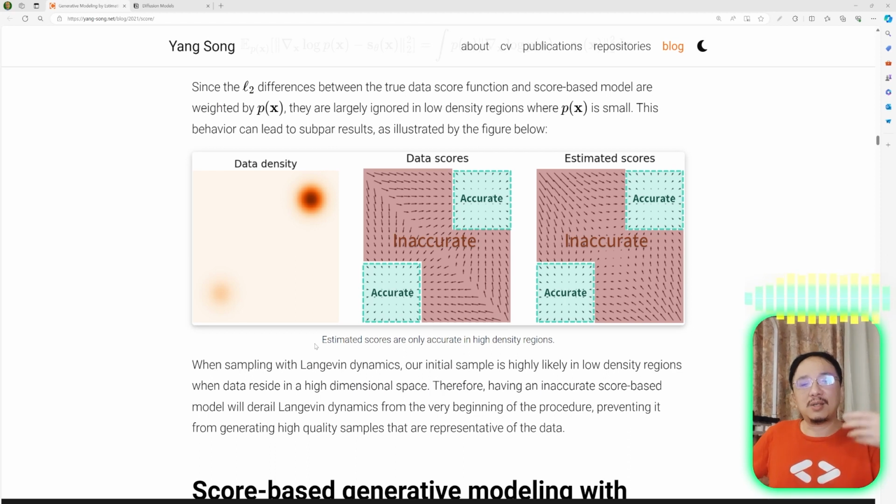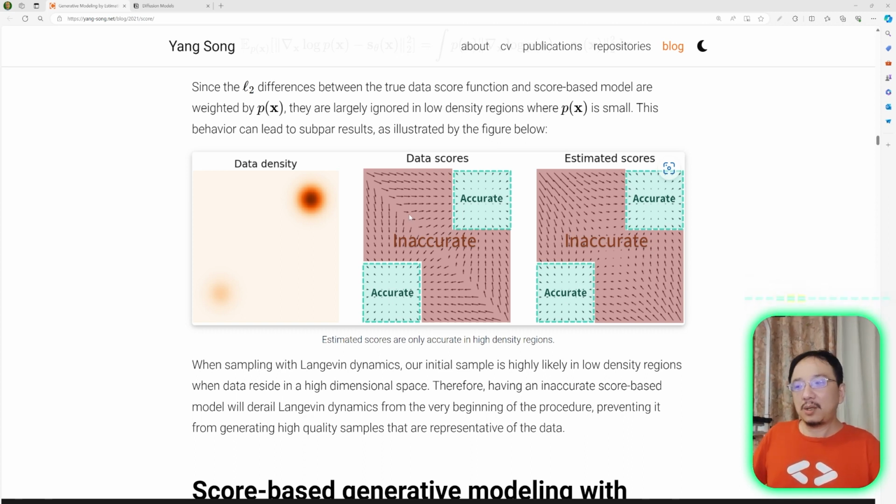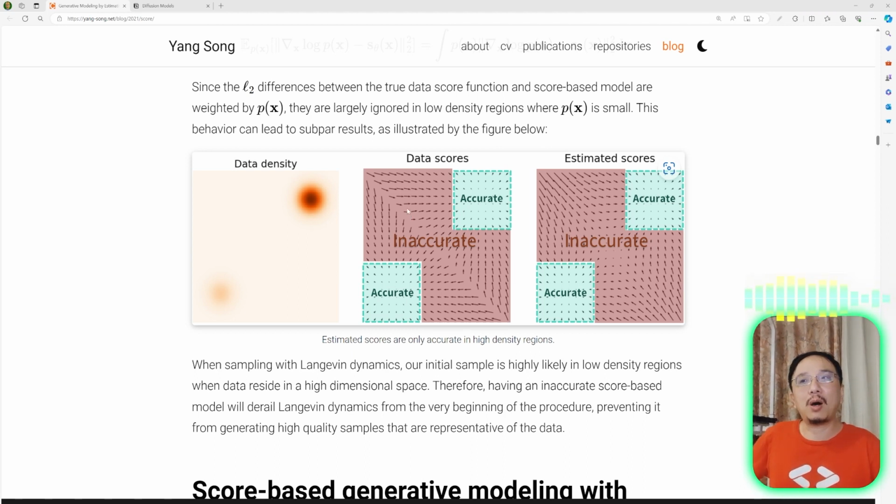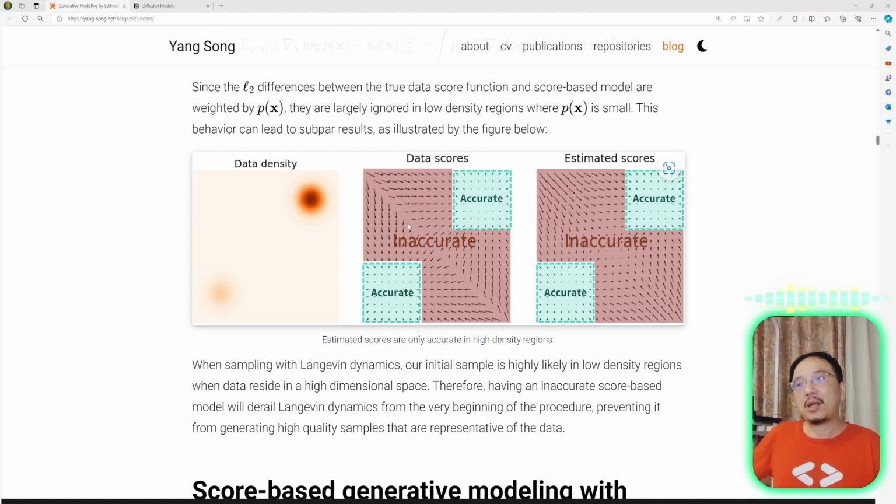And as the Langevin dynamics procedure works, at the very beginning we sample a point randomly from the whole space, so it is likely to land in an inaccurate area. If it starts from an inaccurate area, chances are it will remain in the inaccurate area during the iterative procedure, because we don't have many samples in this area, so we have no chance to train it to be more accurate.